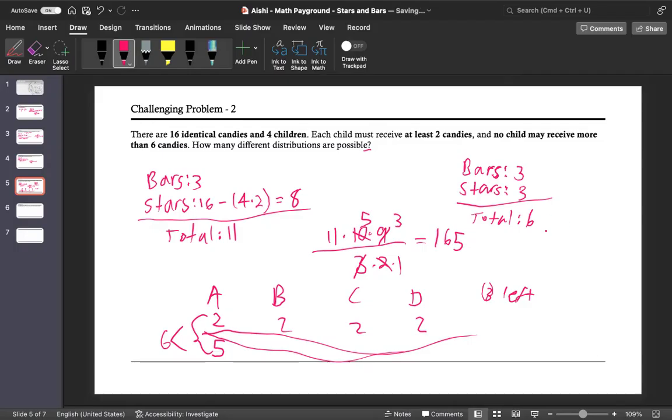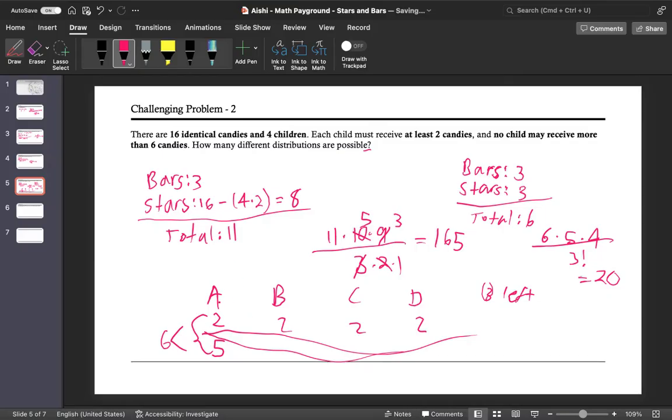So now we have 6 times 5 times 4 divided by 3 factorial, which is equal to 20. So that would be 20 ways to distribute these 3 left.